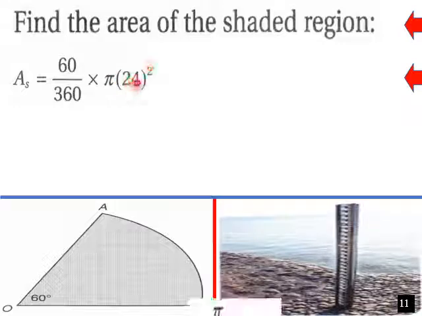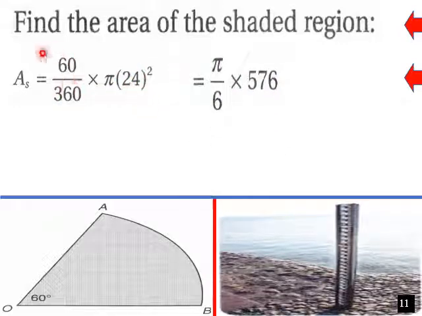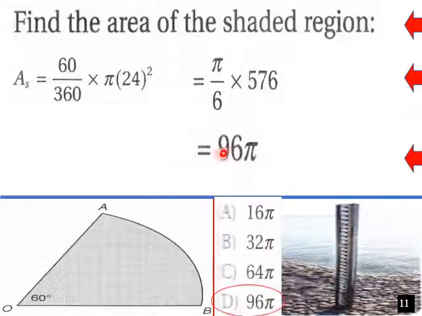So that equals pi over 6 times 576. This becomes 1 over 6 times pi, and 24 squared is 576, which when we multiply out equals 96 pi. So it would be response D for the area of this sector.